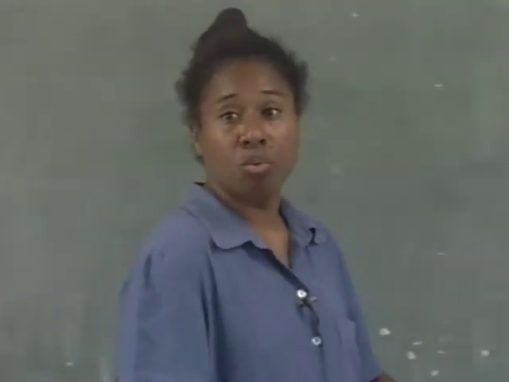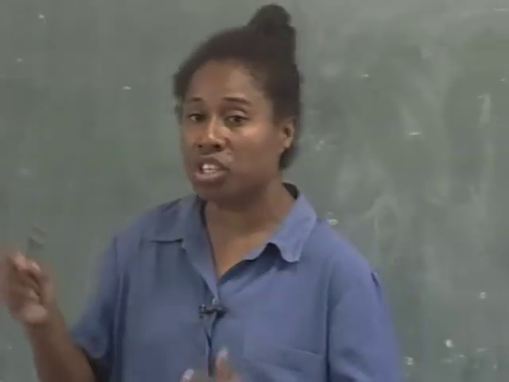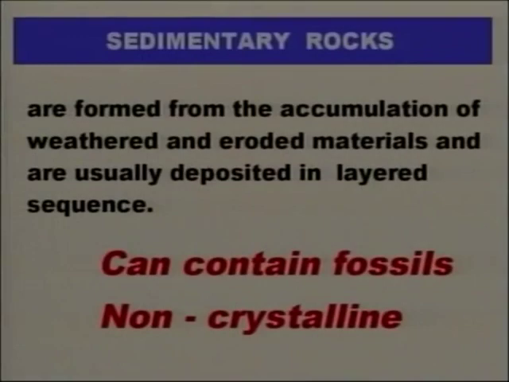The definition now of what sedimentary rocks are, a simple definition from the process we have looked at: sedimentary rocks are rocks which are formed from the accumulation of weathered and eroded materials and are usually deposited in layered sequence.